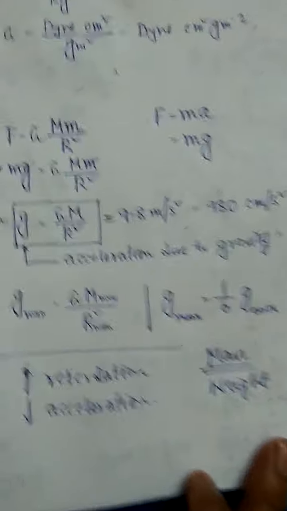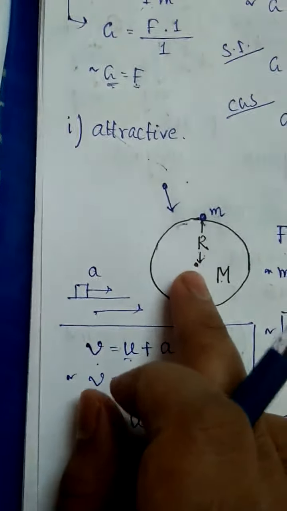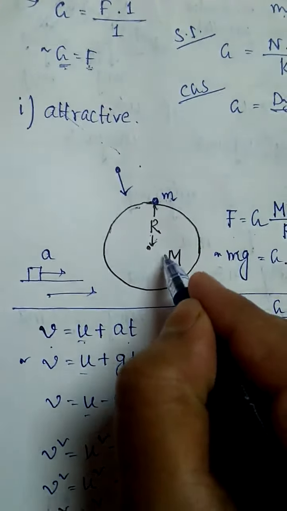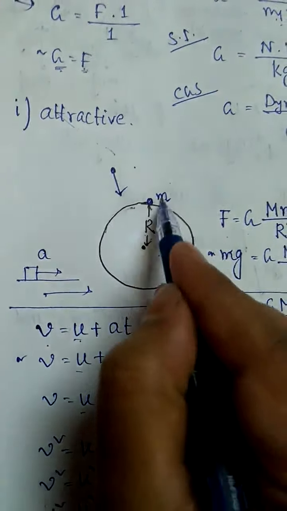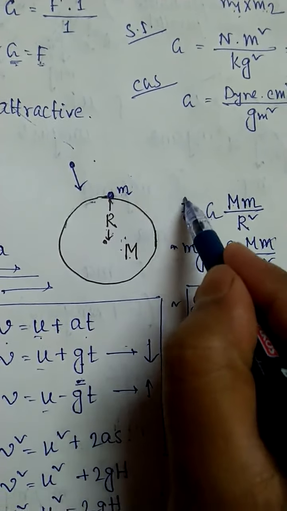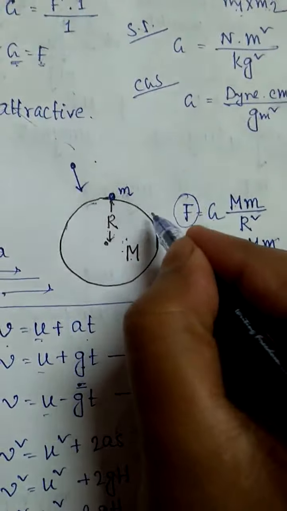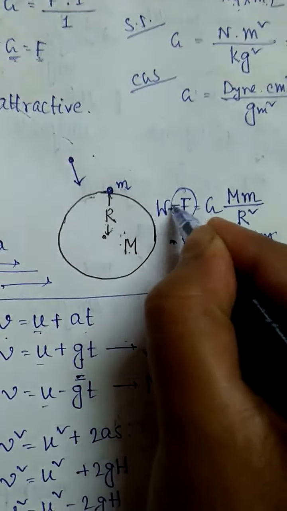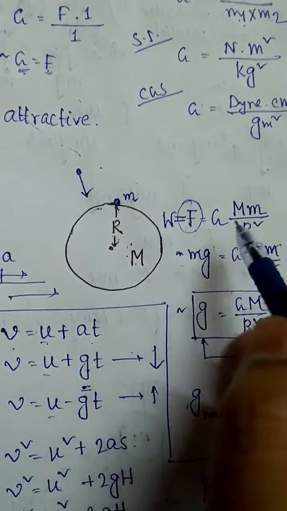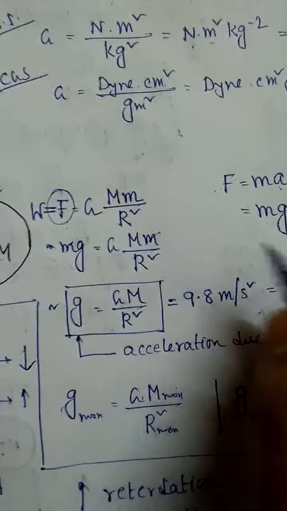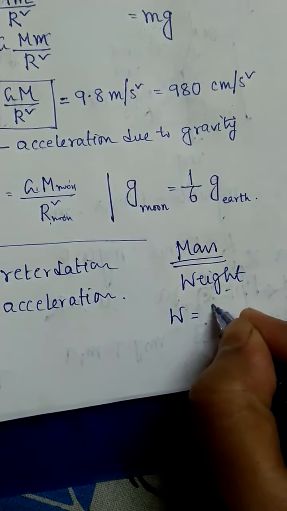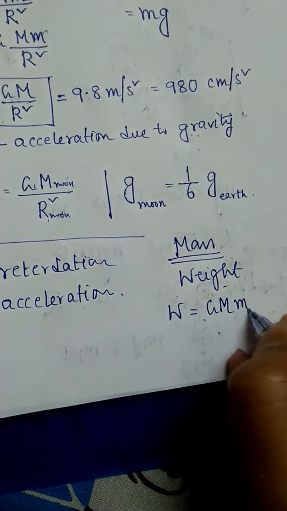So let's say this is the earth and it is pulling the object of mass small m towards its center. What is the force of attraction? F equals G M m by r square. We are saying that this F is actually the weight W. So F equals W, and we are getting W equals G M m by r square.